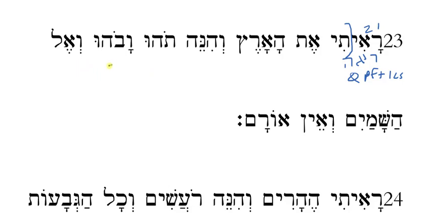Now, the next expression is v'el hashamayim, and to the heavens. Now here we have really just a part of a clause. We don't have a full clause by itself in terms of what we see. And what has to happen here is that this verb ra'ithi is to be understood and supplied over here.